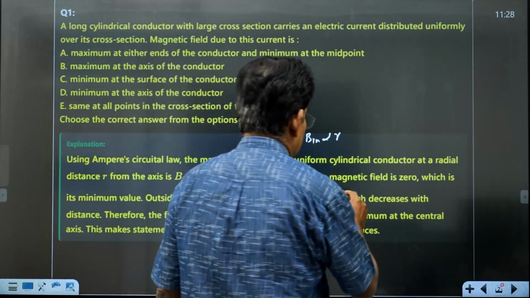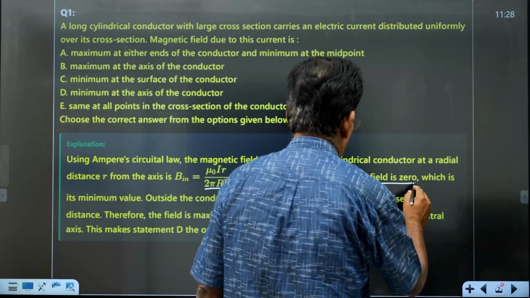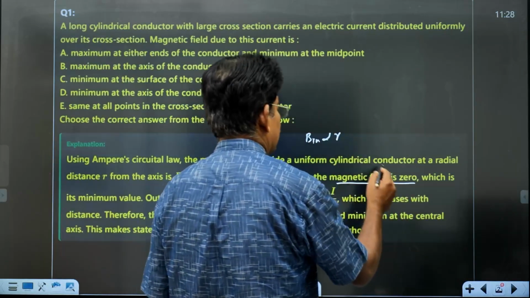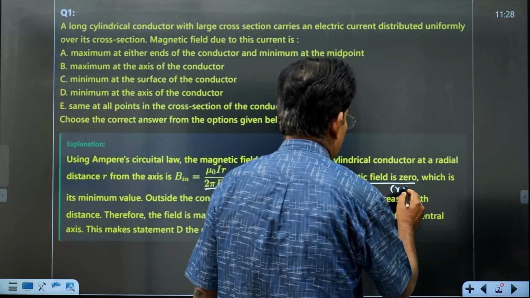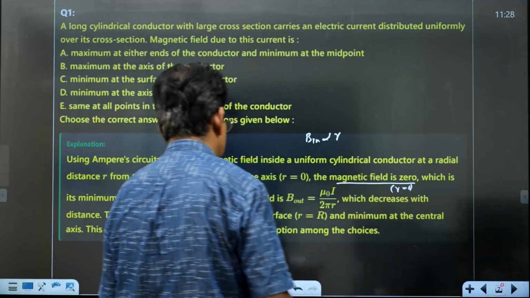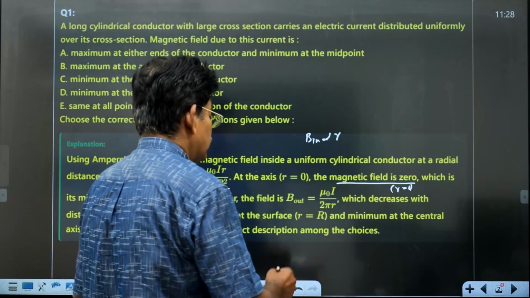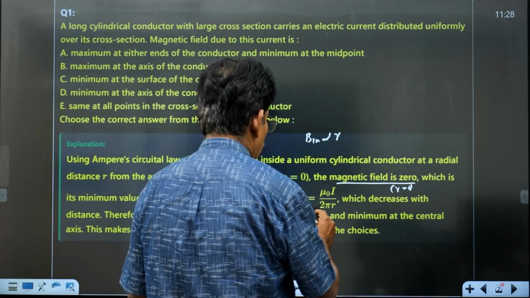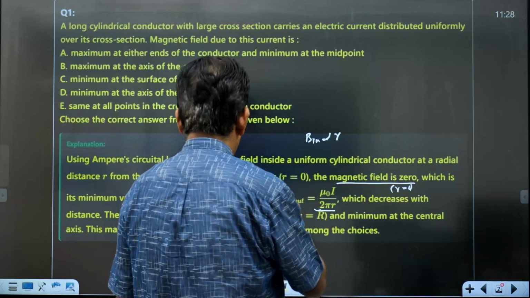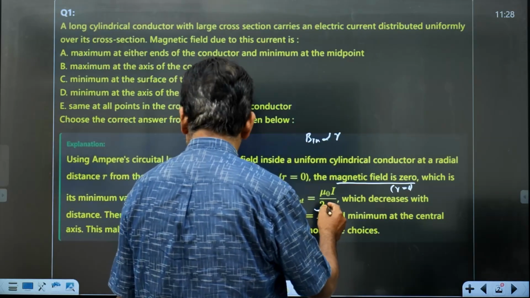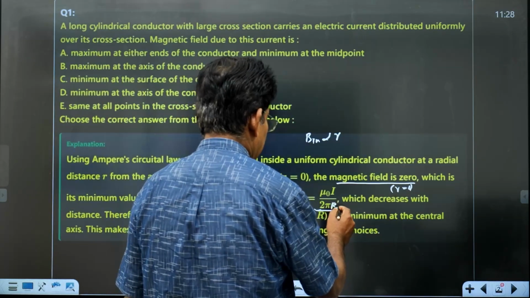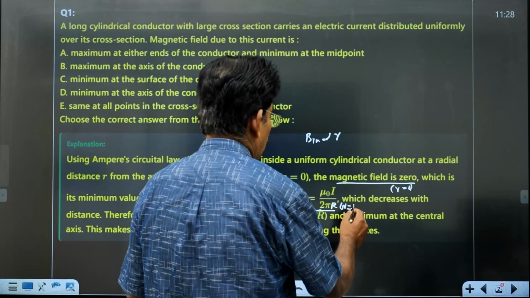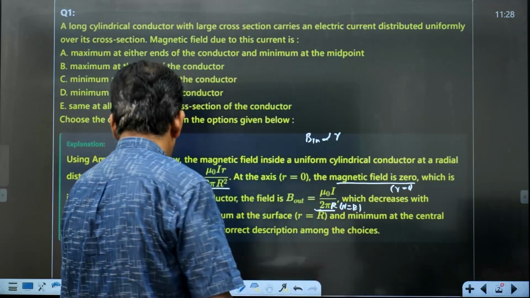This makes the magnetic field 0 on the axis because r is equal to 0. Then we come to the surface, it will be mu 0 I by 2 pi R, because small r is equal to capital R.